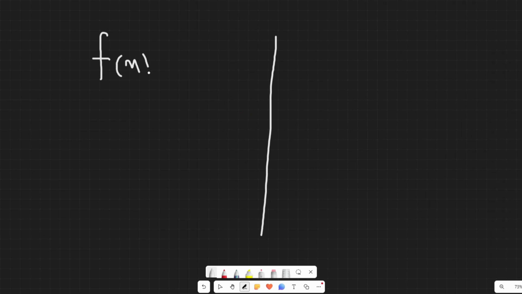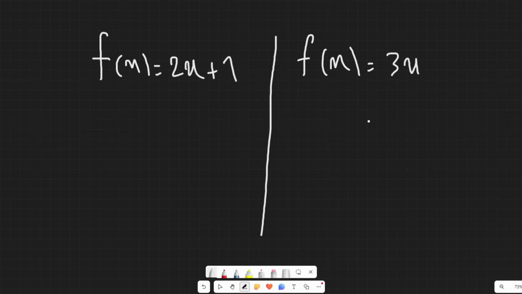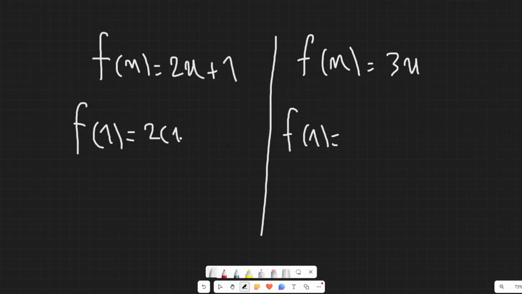Also, one important thing is that imagine that we have two different functions. The first one is 2x plus 1. The next one is just maybe 3x. So it's like that we have two different functions, two different machines, and of course their output for the same input will be different. For example, the first one, the function of 1 is 2 times 1 plus 1 because we replace x with 1. 2 times 1 is 2, 2 plus 1, 3.